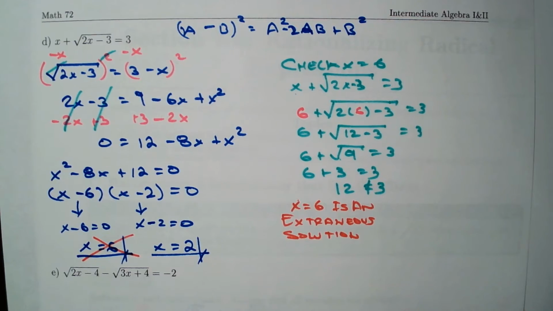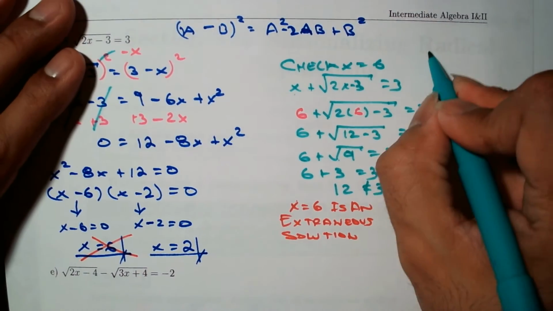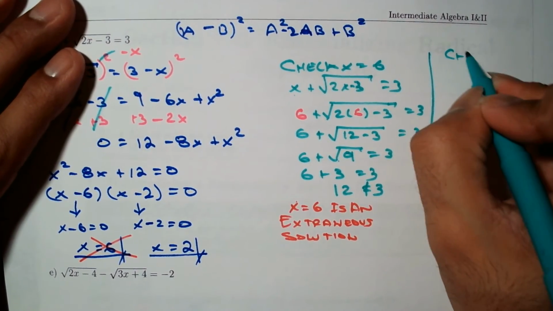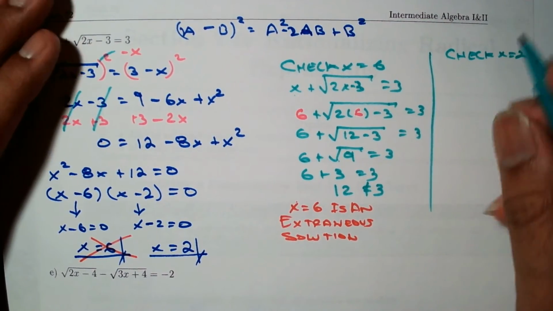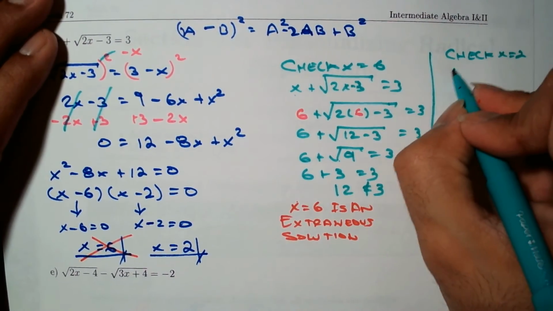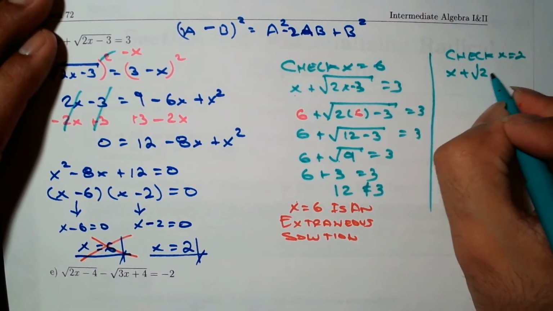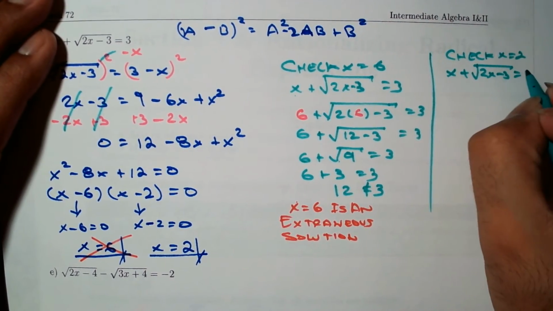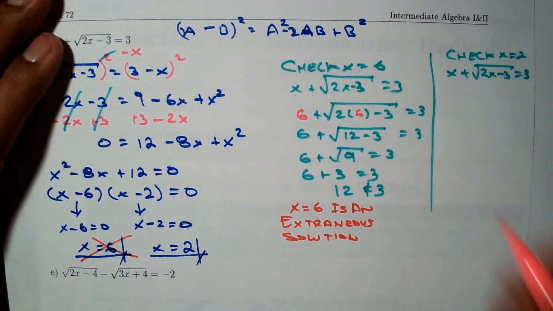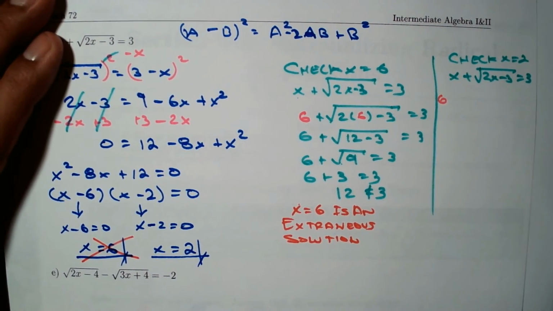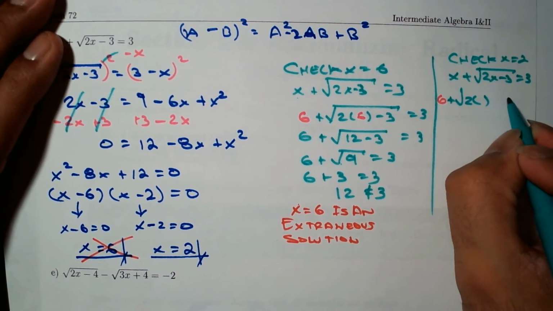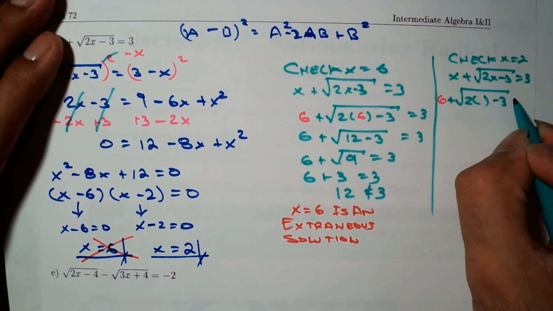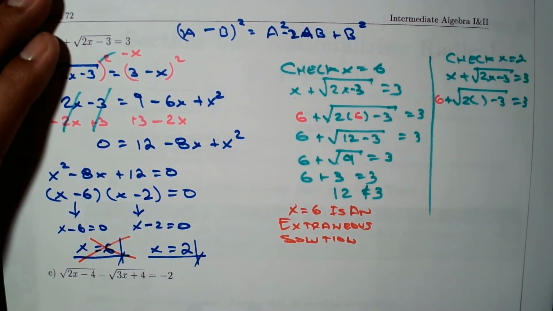So let's now check x equals 2. I'm going to write the equation: x plus the square root of 2x minus 3 equals 3.